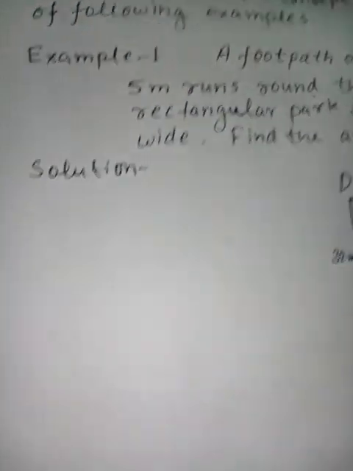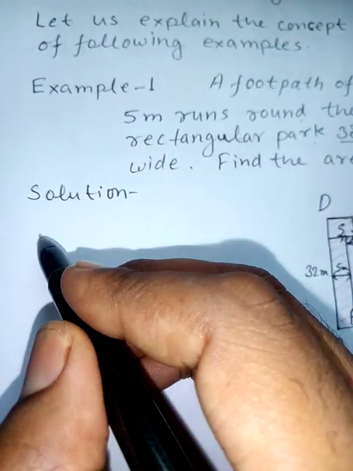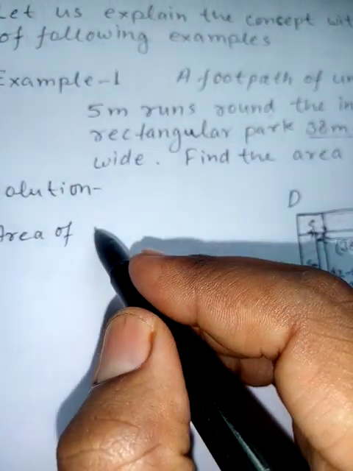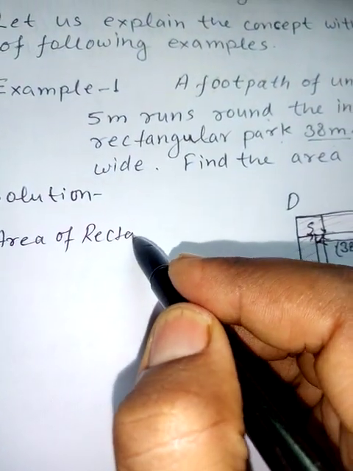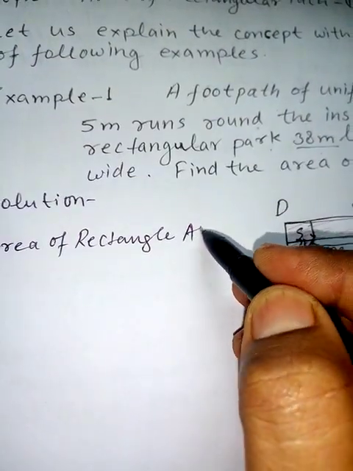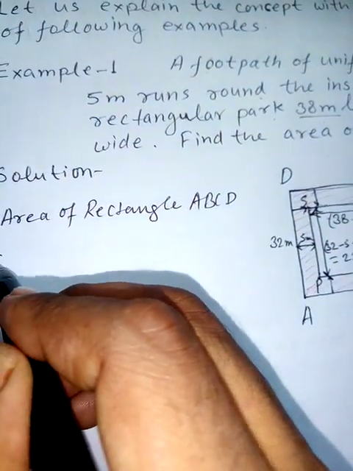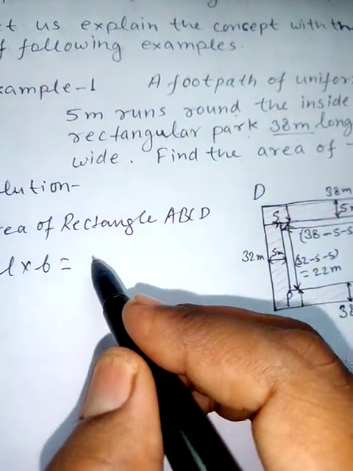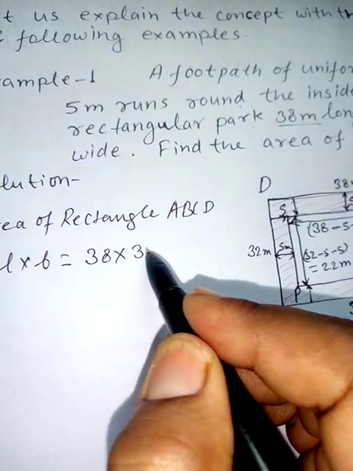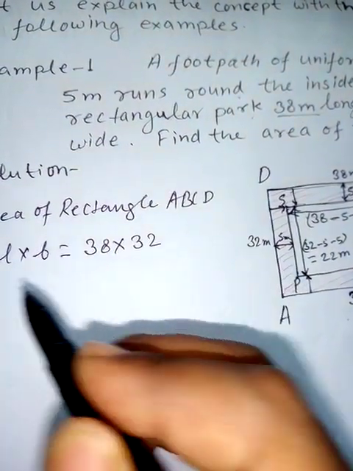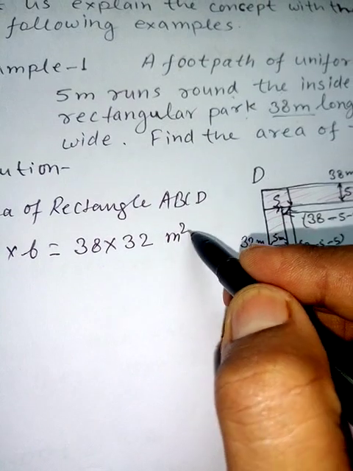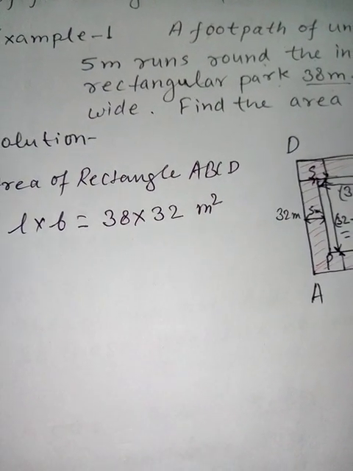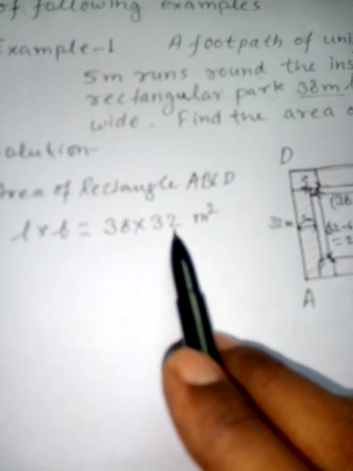So area of rectangle ABCD equals length into breadth, that is 38 into 32 square unit, which will be, 38 into 32 we have to find out.